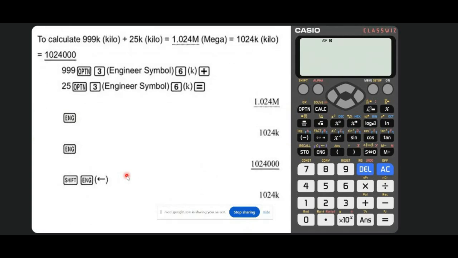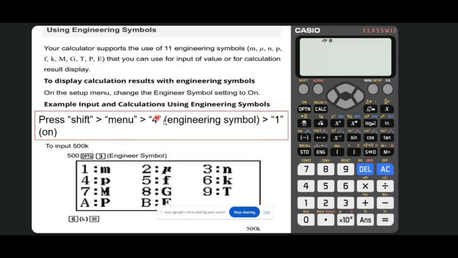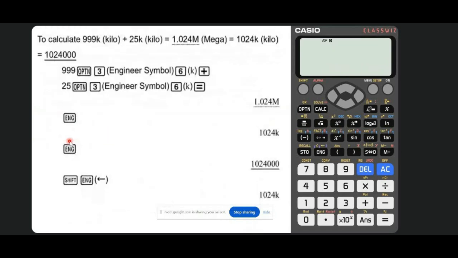Okay, for example, this type of question, 999 kilo plus 25 kilo. So to key in the kilo inside your calculator, you need to set the calculator in engineering symbol first. You need to on it first. You on it and then you press 999 and then press OPTN.